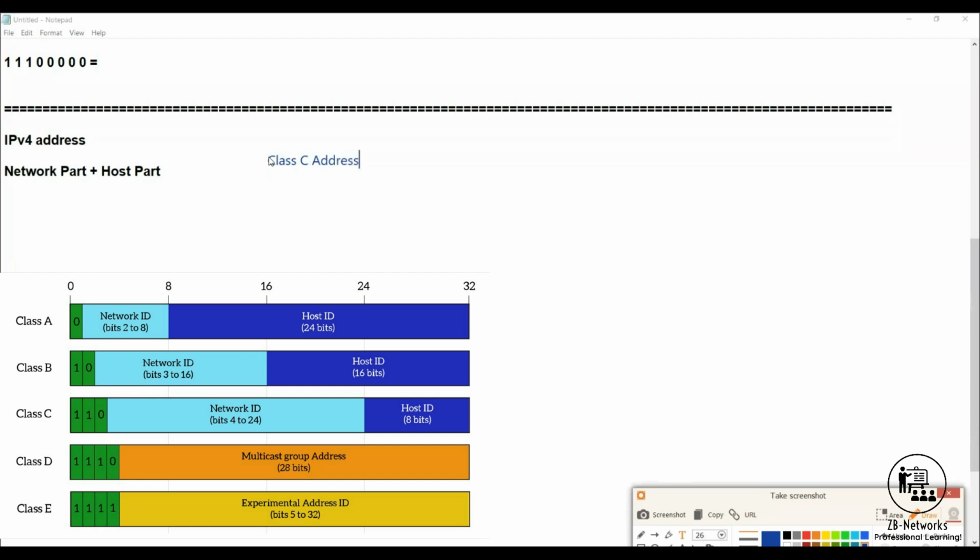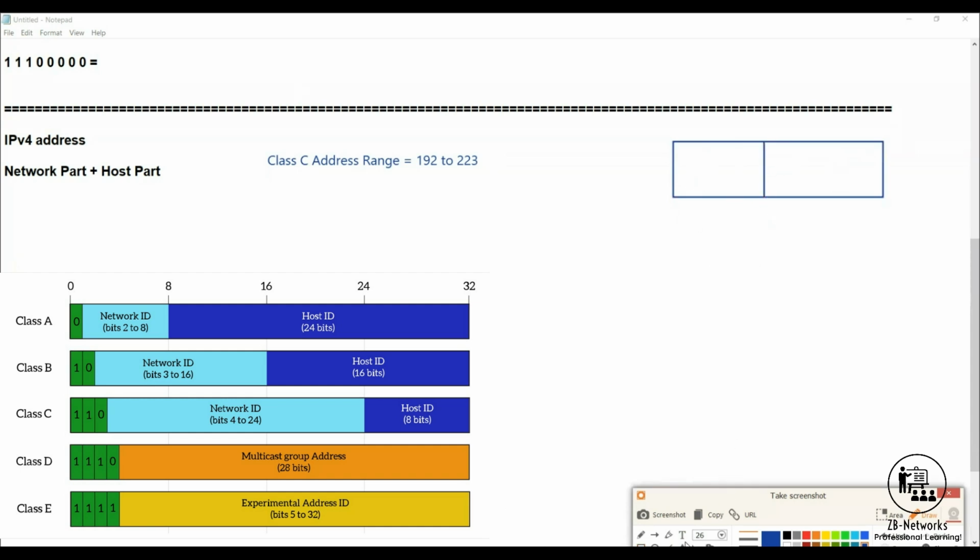Class C address range is one of the simplest address blocks that I like. The address range is between 192 to 223. And again, the same logic: if you think about the network and the host part, you have the division like that.